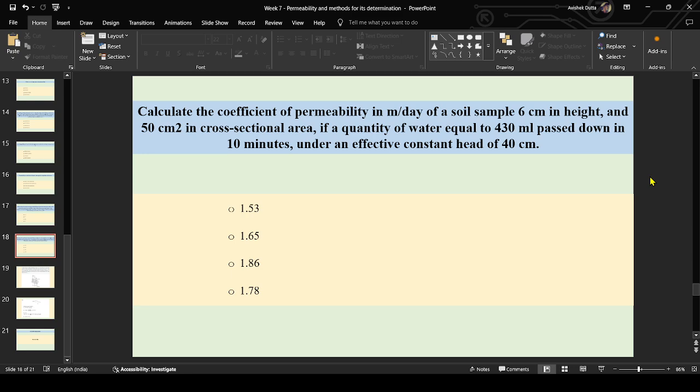First option is 1.53, second option is 1.65, third option is 1.86, and last option is 1.78. The unit should be in meter per day.